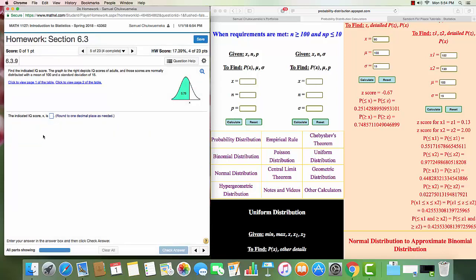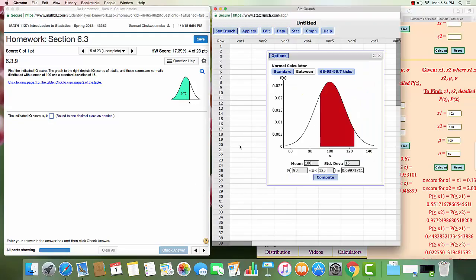This one is asking for the x. They gave you the probability. That's the area to the left, and then it's asking you for the x. So this time is StatCrunch turn. In this case, it's not between, it's to the left.